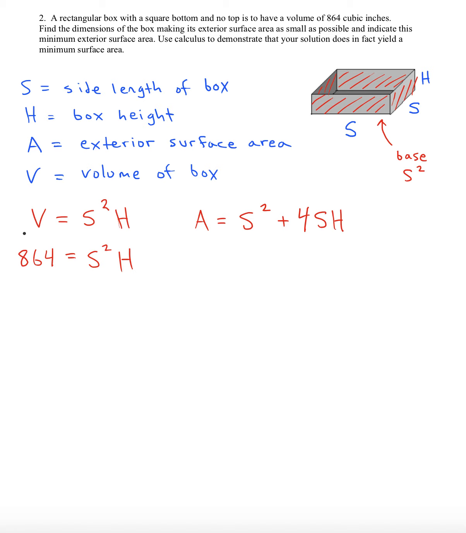That would be this one, because our volume is required to be 864. So this equation has to hold true no matter what the solution ends up being. That's why it's called the constraint. And the other equation, because we're trying to minimize A, is the objective function.